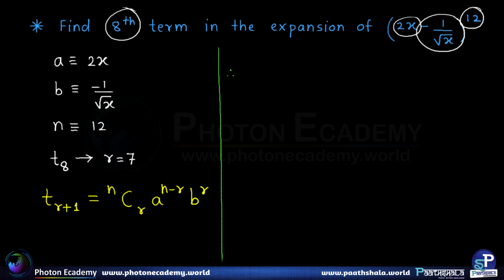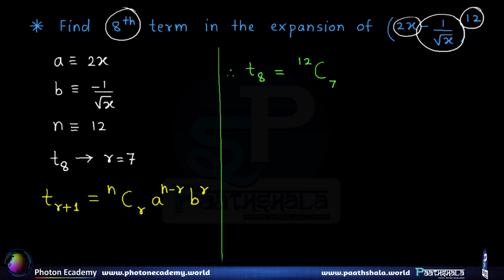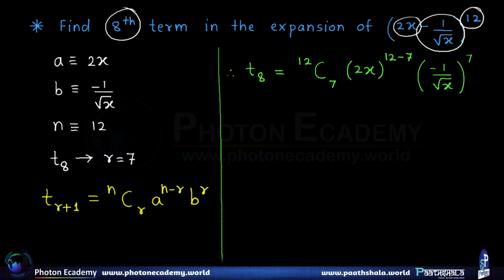So therefore in our case t8 will be given by n is 12, so we have 12c, r is 7, then a stands for 2x raised to n minus r, that is 12 minus 7, into b, which is minus 1 upon root x raised to r, that is 7. That's it. We have to merely simplify this.